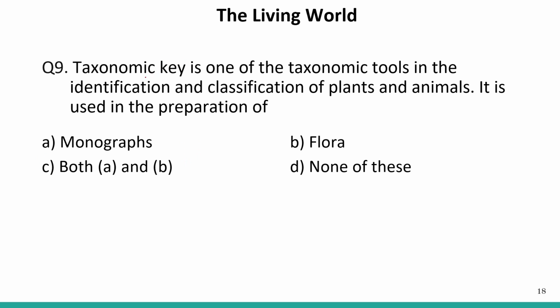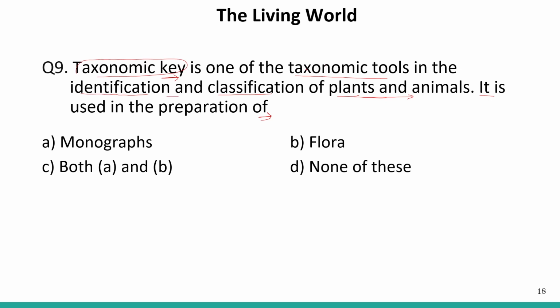The next question is about the taxonomic key. The taxonomic key is one of the taxonomic tools in the identification and classification of plants and animals. Alright, so this is the sentence they are saying. Now they are asking that it is used in the preparation of what? So they have given you the definition here.